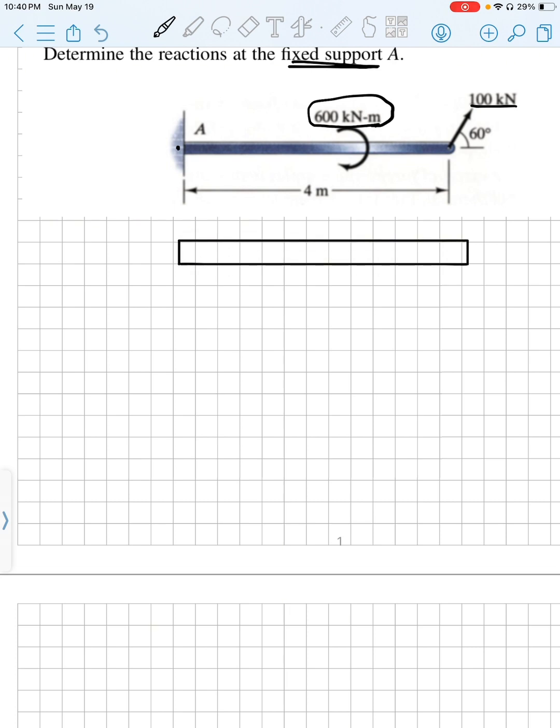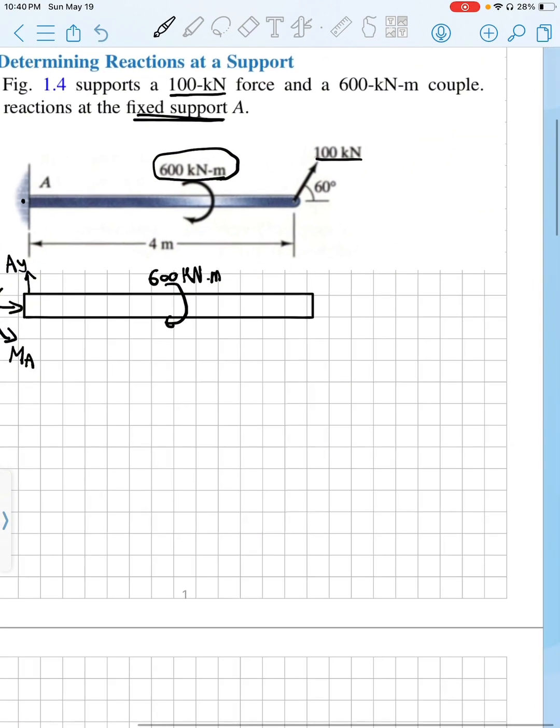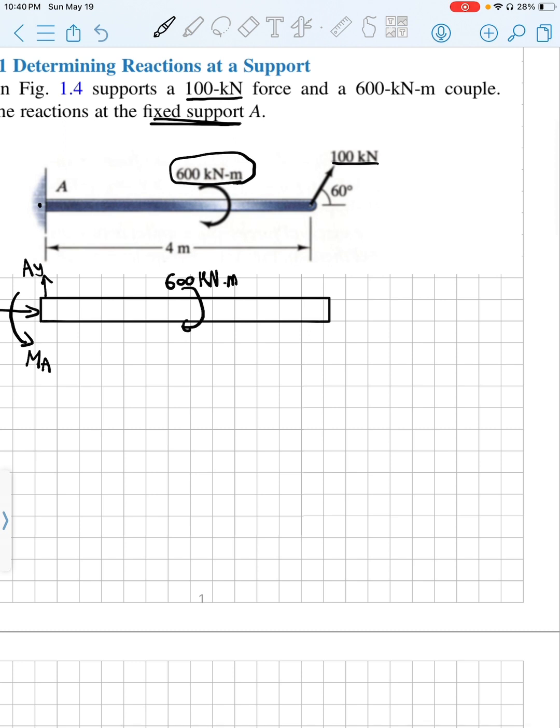There we go. So here we're gonna have reactions, let's say Ax and Ay, and here MA, and the 600 kilonewton meter moment. Coming to this force, we need to break it into the x direction and the y direction.